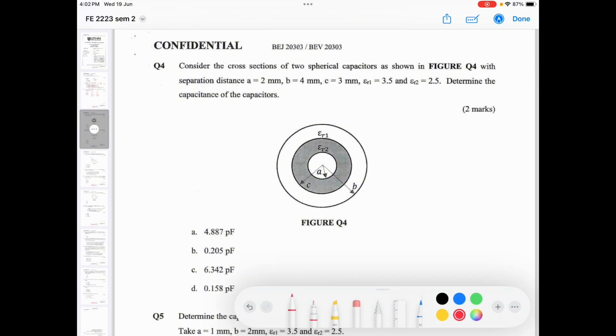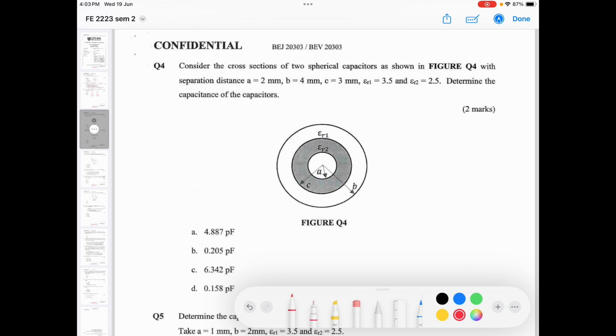Alright, this one is a question from the module. So consider the cross section of two spherical capacitors as shown in the figure, with all these dimensions. It is exactly the same as the question in the module. You can refer back to the solutions.